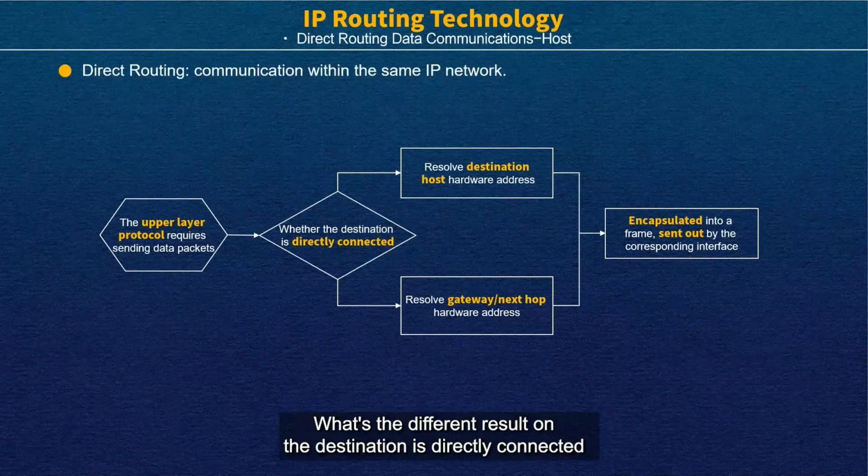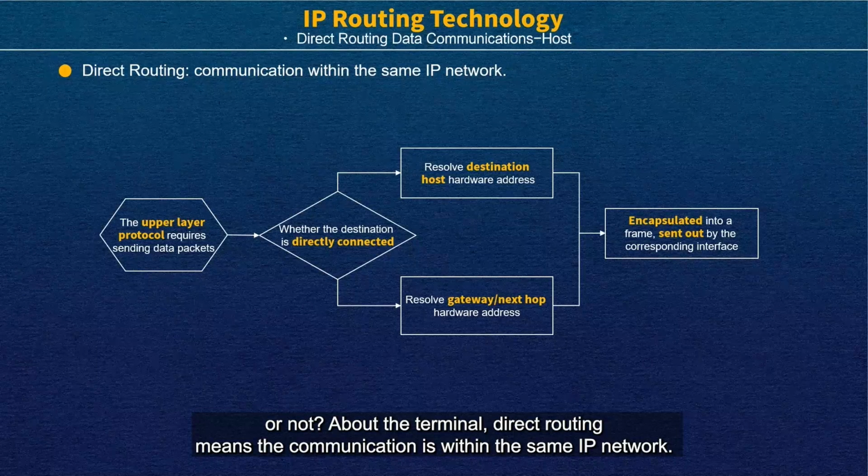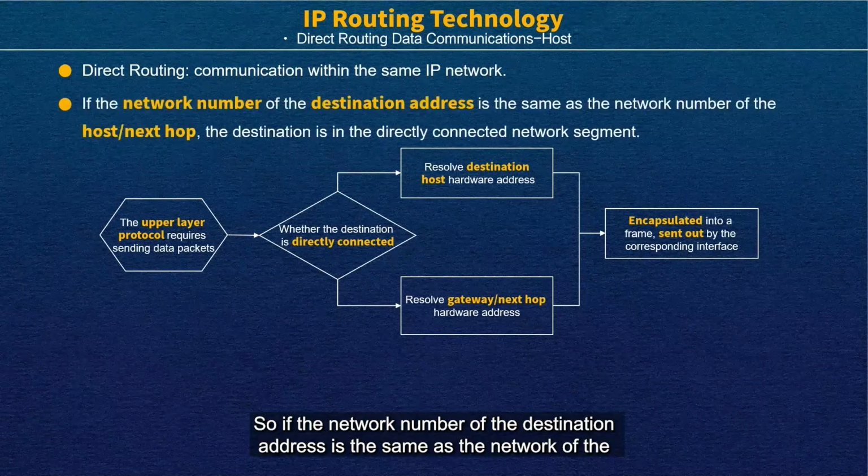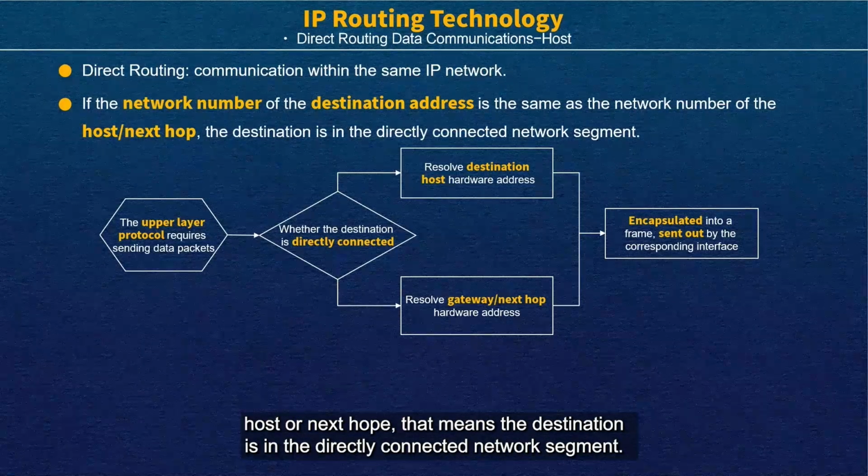What's the different result if we find the destination is directly connected or not? And about the terminal, direct routing means communication within the same IP network. So if the network number of the destination address is the same as the network of the host and the next hop, that means the destination is in the directly connected network segment.